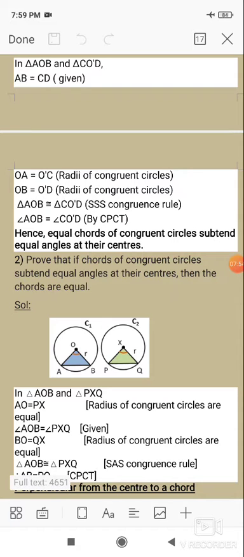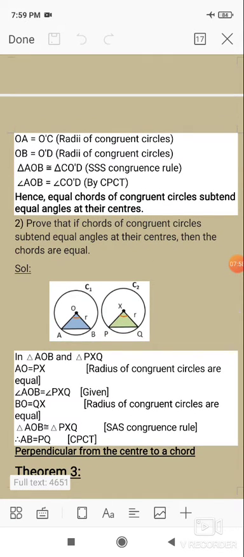So, listen carefully in these figures. In triangle AOB and triangle PXQ, OA equal to PX, radii of the congruent circles. Angle AOB equal to angle PXQ, that is also given.